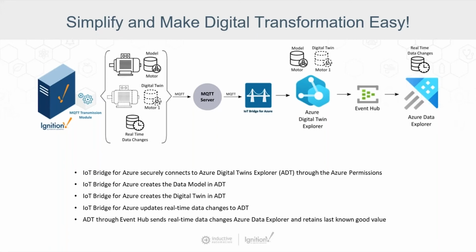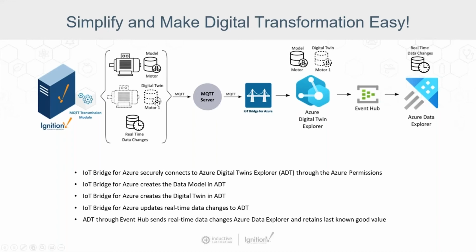So on the left side, it knows how to subscribe to these MQTT messages being published. On the right side, it knows all of the APIs to be able to take those and create, first of all, the model in Digital Twin, and then the instances of those models, it creates what's called the digital twin.